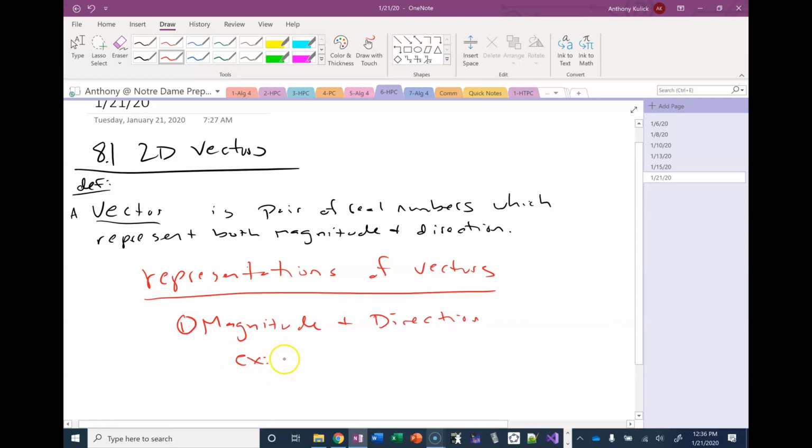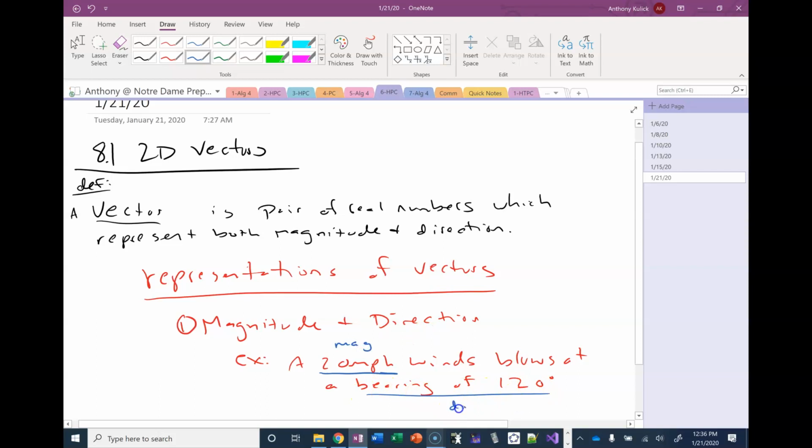So for example, we talked about maybe a 20 mile per hour wind blows at a bearing of 120 degrees. So the speed here is our magnitude, and our bearing is going to represent our direction. So this is a common description for a vector.